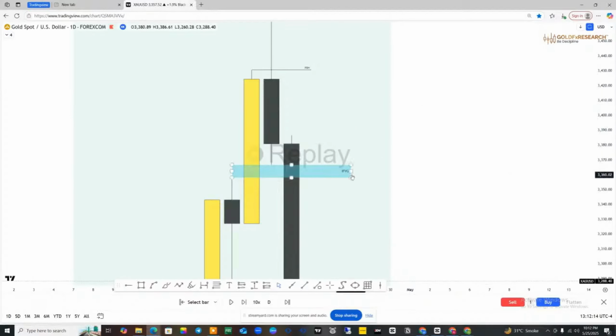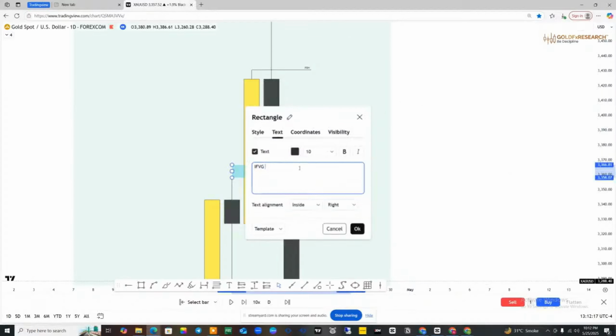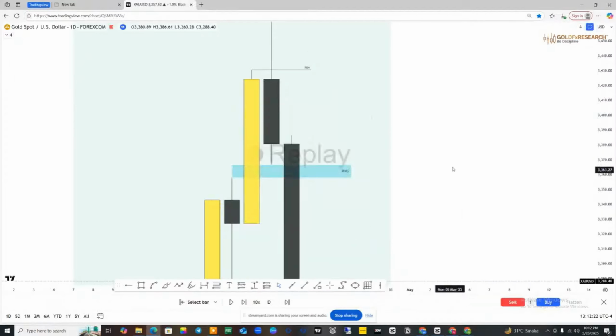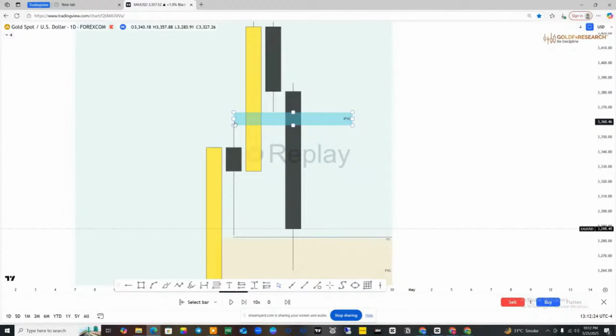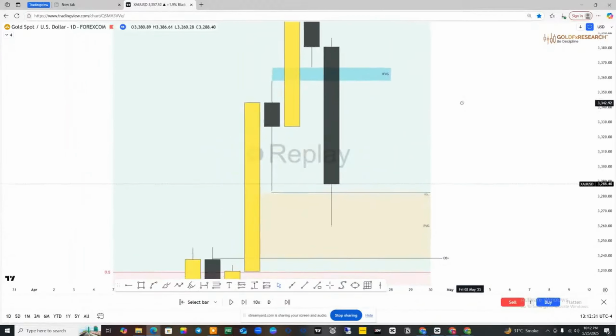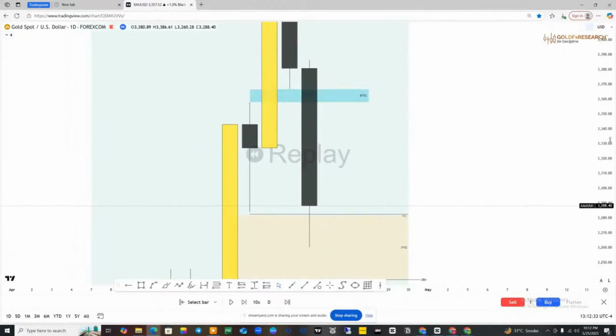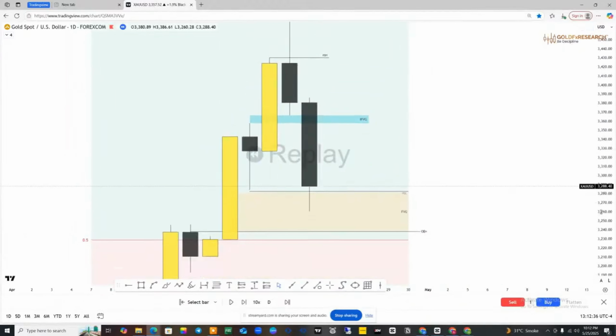Now this IFBG is also forming and we are also getting a BPR. Write down BPR for now, but let's just call it IFBG so that it's clear to you all what an FBG becomes when a bullish FBG fails. The market tapped into it. Now, what is your daily bias?